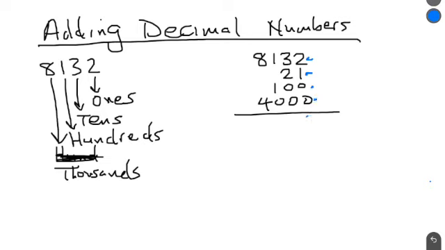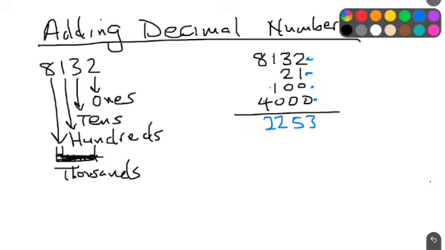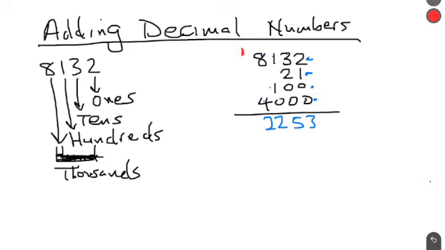So this would be 3. 3 plus 2 is 5. 0 plus 1 is 1. 8 plus 4 would be 12. We could just write the 12 there, or if we want to follow procedure, we would put the 2 there and carry the 1 into the next column, and then that 1 would come down.